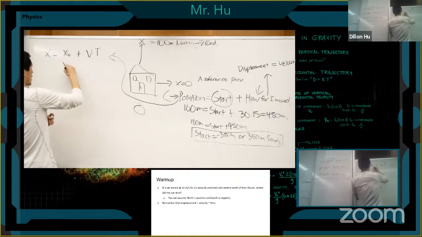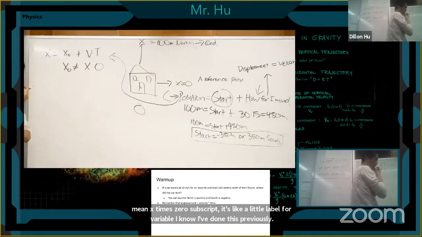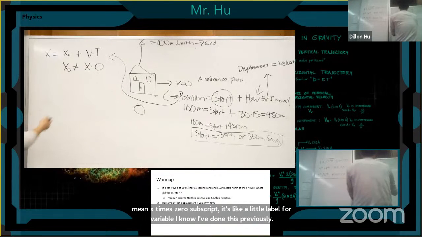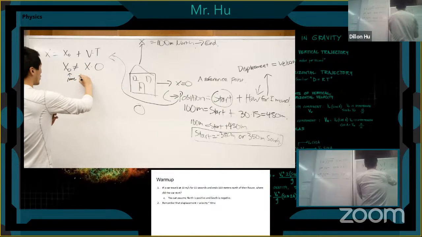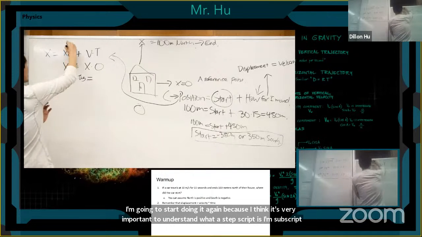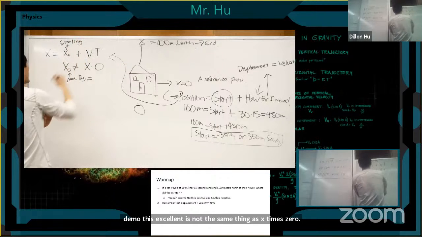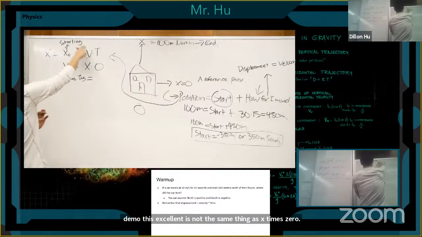This x naught is not the same thing as x times 0. It's more like a name tag. When you see a little 0, it just means a name tag. In this scenario, this name tag is our starting position. This x naught, x sub 0, is our starting position.